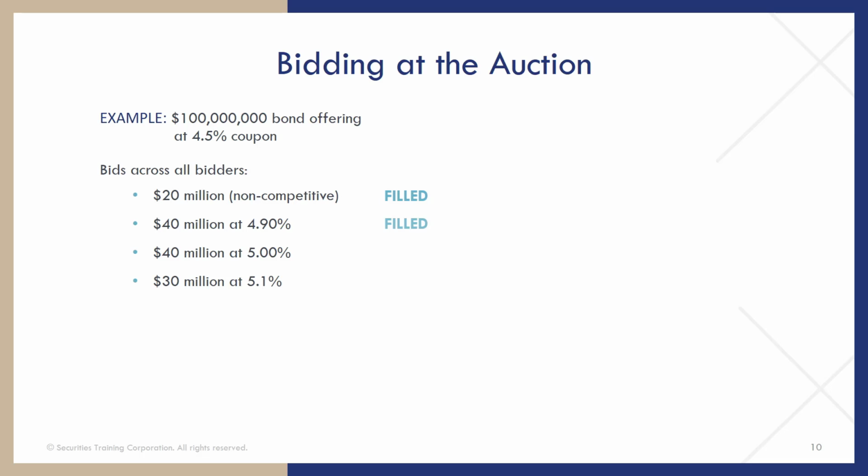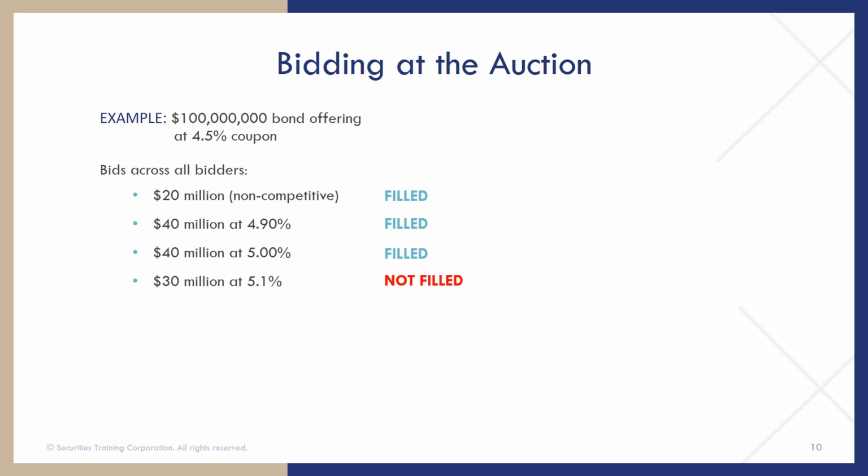But then they had to drop the price down or increase the yield to 5% to complete the auction. So those will be filled. And the $30 million that were looking to be purchased at a yield of 5.1% will not get filled. There's no fill for that last $30 million.